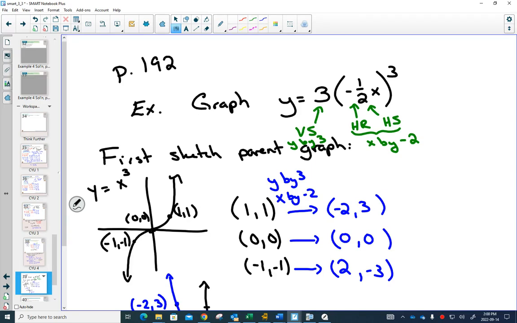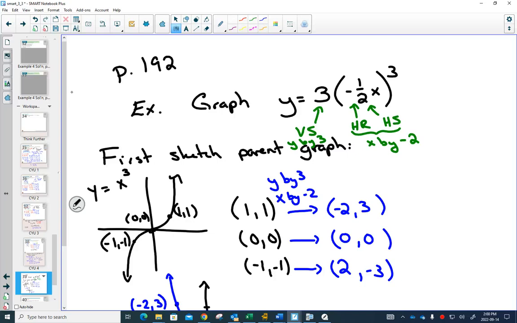So when I go over here, is this 3 getting cubed? No. Outside. Is the negative getting cubed? Yes. Inside. Is the half getting cubed? Yes. Inside. So anything that the original function, like if you have a square root, if the stuff is getting square rooted, we call that inside. But there's not really a cheat sheet or a thing to write it down. It's just practice being able to observe which one is which.